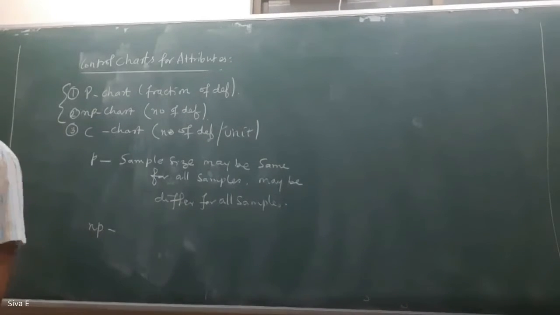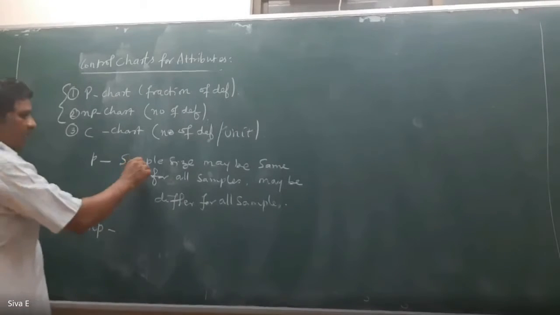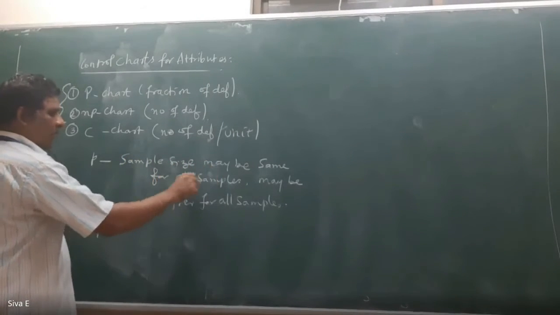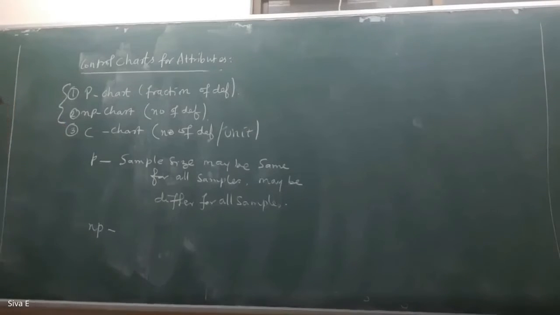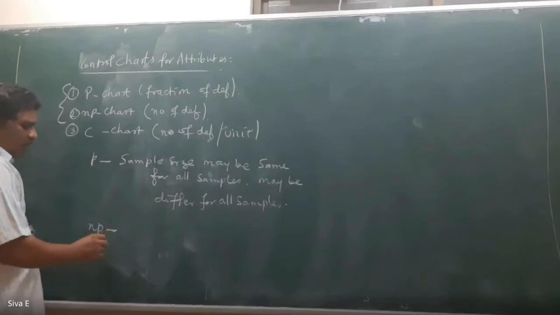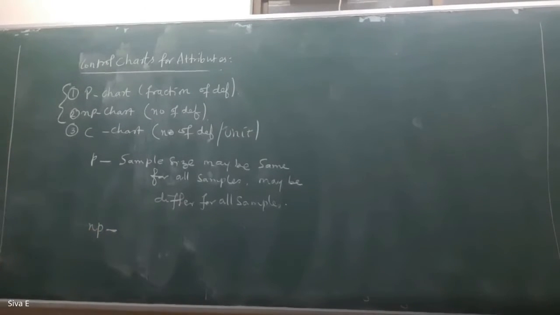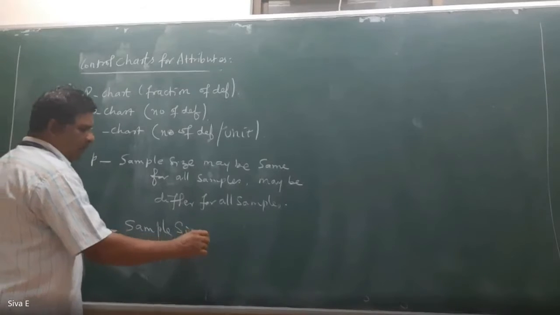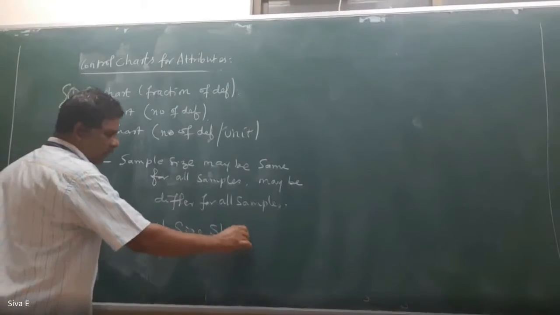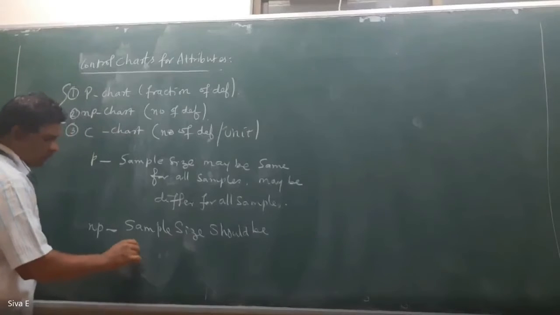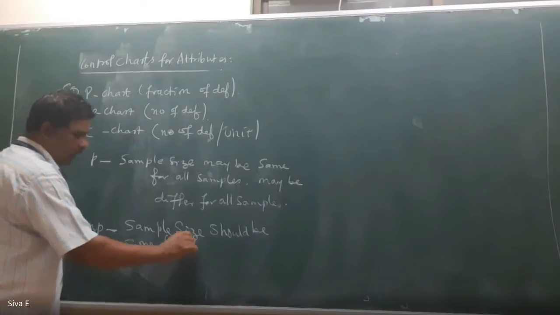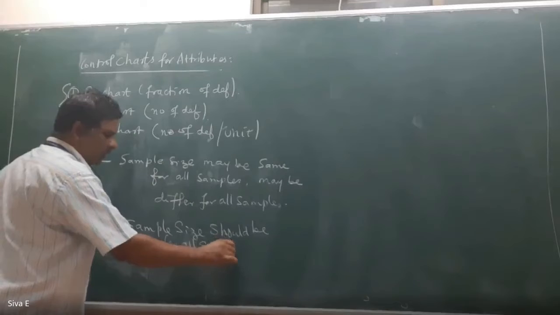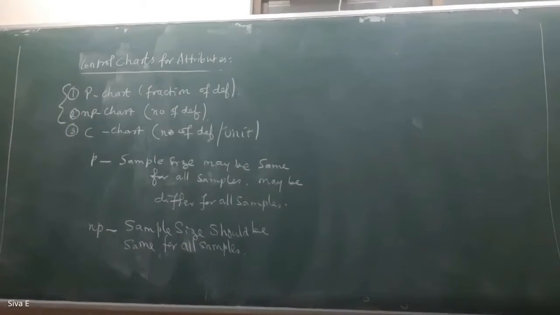But for the P chart, the sample size may be the same for all the samples or may differ. It is not necessary. But the NP chart is like the X bar chart, R chart, S chart. The sample size should be the same for all samples.